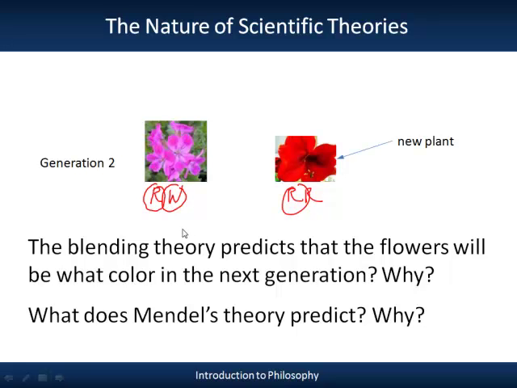Okay, so even if we don't calculate exactly, we know that in the next generation we're going to get some offspring that have this gene contributed from this parent and this gene contributed from this parent, and Mendel's theory predicts that those plants will have red flowers. Then some of the offspring will have this gene contributed from this parent and this gene contributed from this parent, and those offspring are going to have the pink flowers, just as we see right here.